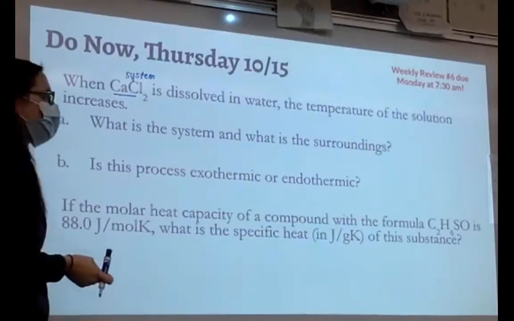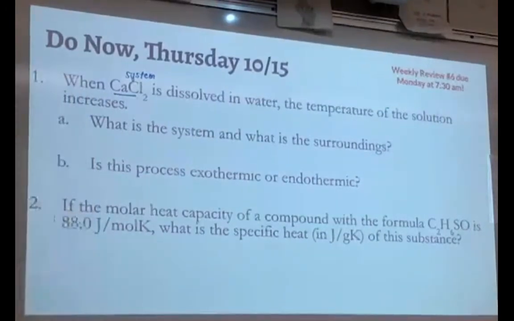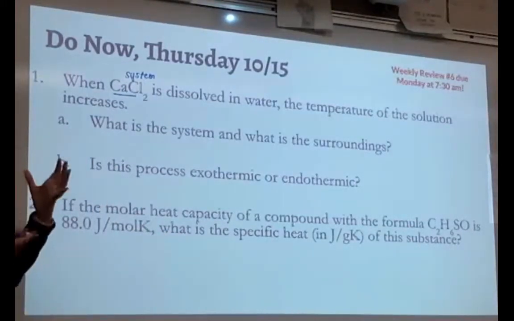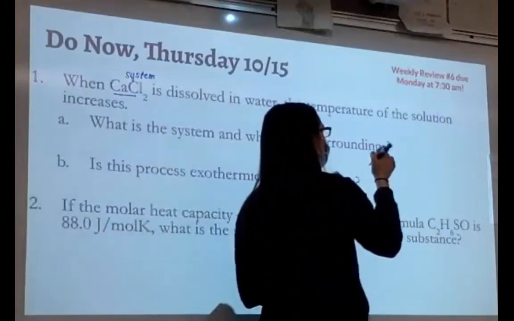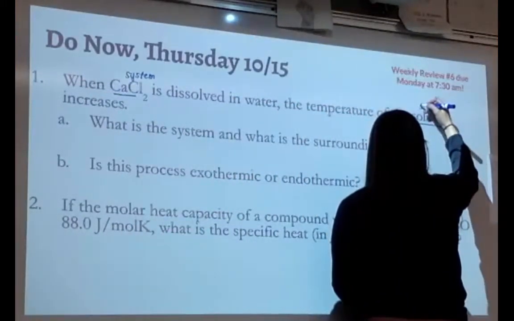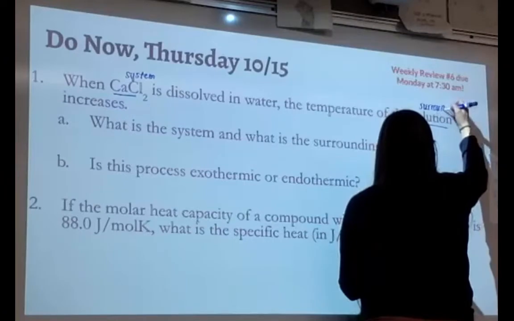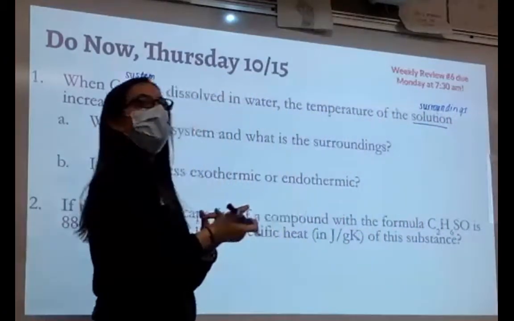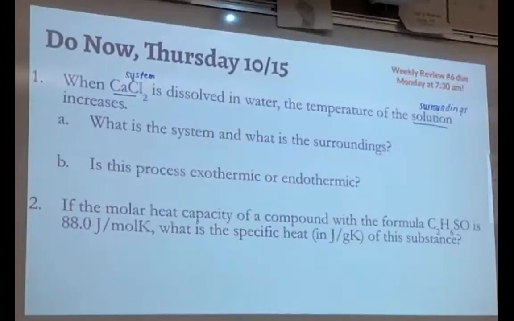We're going to talk more about solution calorimetry on Monday, but when we create a solution, we dissolve a solid in water, we're making a solution. The solution is considered the surroundings. So the solution that's being created, the styrofoam cups, the thermometer, that is all part of the surroundings.